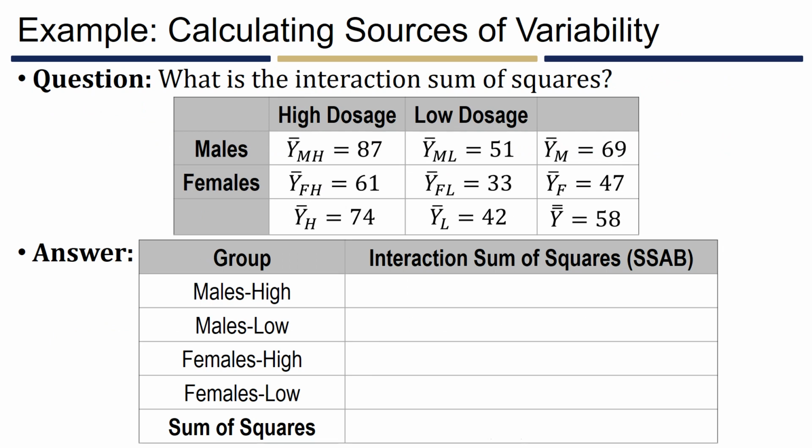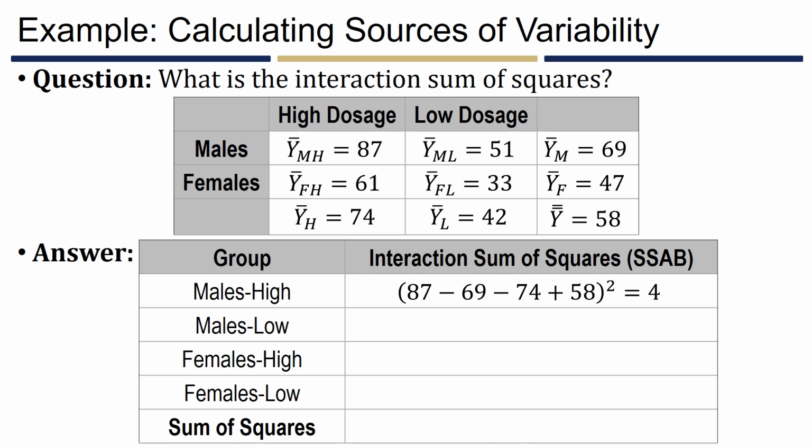Now, because we have 4 cells in this table, 4 different combinations of our two factors, we're going to have 4 terms that make up our interaction sum of squares, the SSAB. The first term is going to come from the males who were given the high dosage. We'll take their cell mean of 87, subtract off the row mean of 69, further subtract off the column mean of 74, and add on the grand mean of 58, and square that entire calculation.